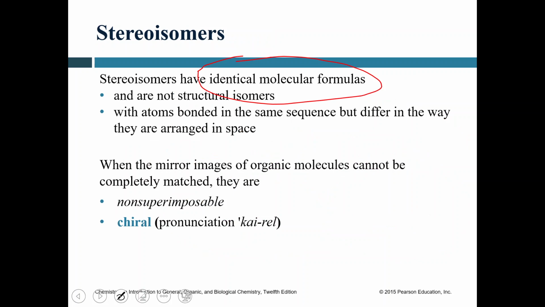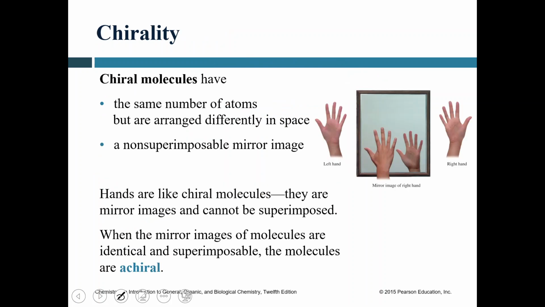For instance, when you have two organic molecules which are essentially mirror images of each other, those mirror images cannot be completely matched, which means they are non-superimposable, and that means they are chiral. So essentially, chiral molecules have the same number of atoms that are arranged differently in space, and they represent two non-superimposable mirror images of each other.